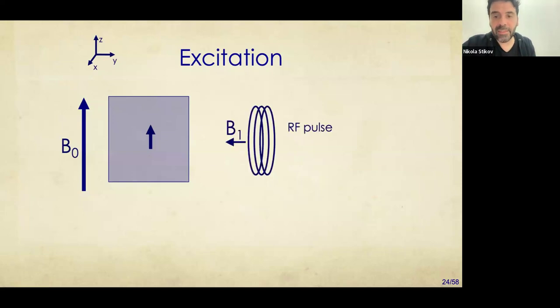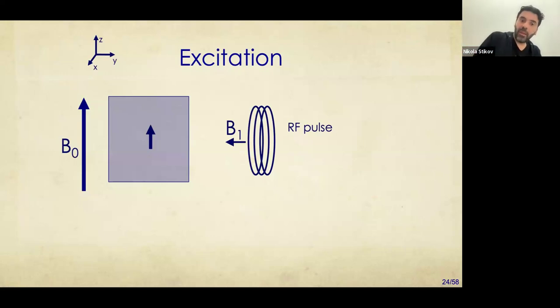Instead, what you do is you use this third field, the RF field, and you apply an RF pulse, a radio frequency pulse, on resonance, meaning at the frequency determined by the precession of the spins. So if you're at 1.5 Tesla, your precession is 64 megahertz, you apply a radio frequency pulse at exactly 64 megahertz.